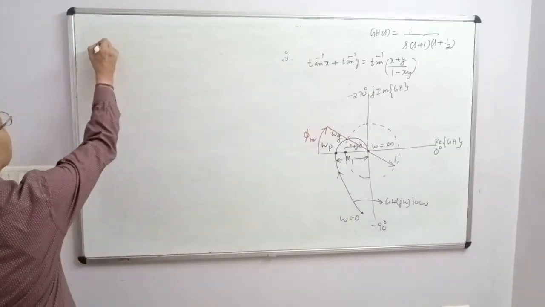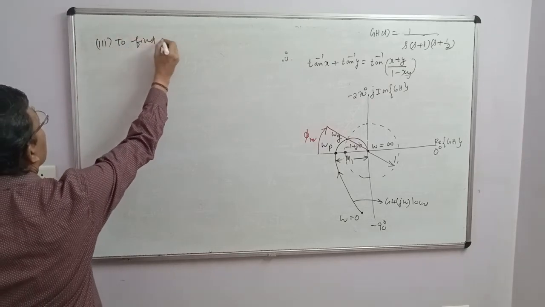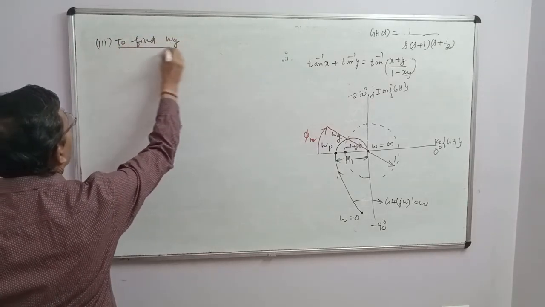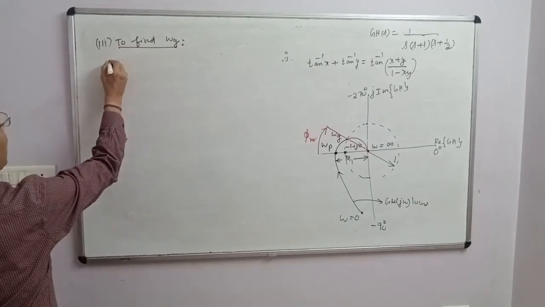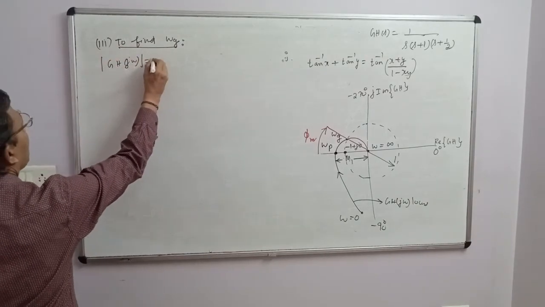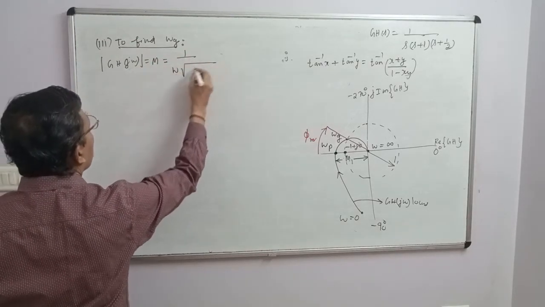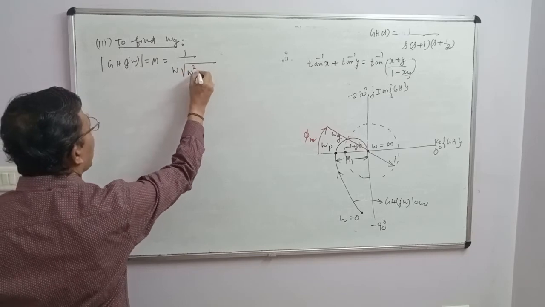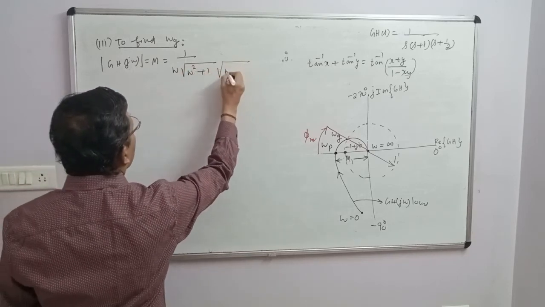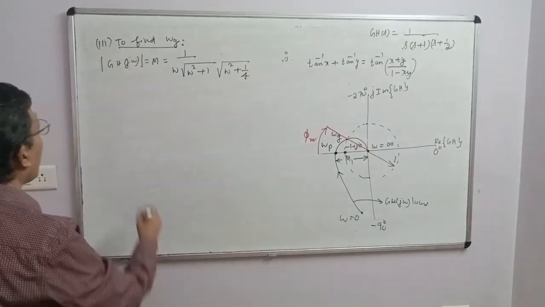Third step, to find omega g. Magnitude of GH of j omega is nothing but m equals 1 over omega into square root of omega square plus 1 into square root of omega square plus half square. Half square means 1 by 4.